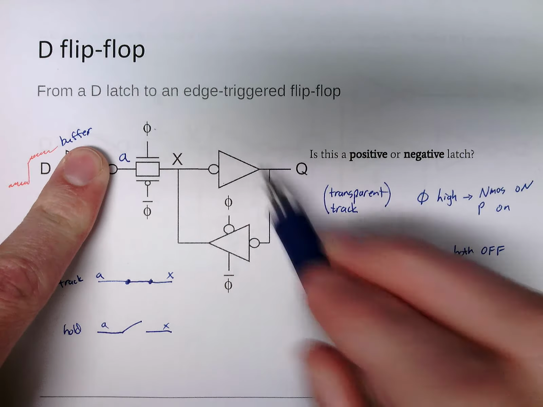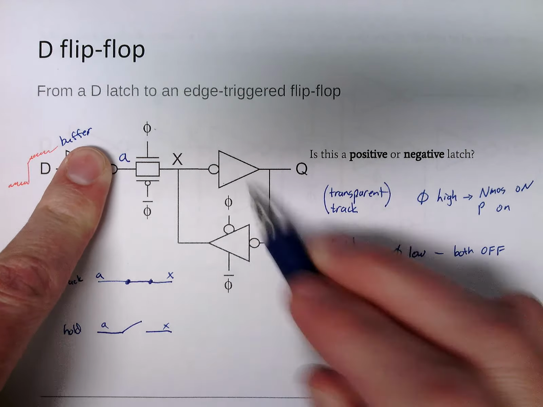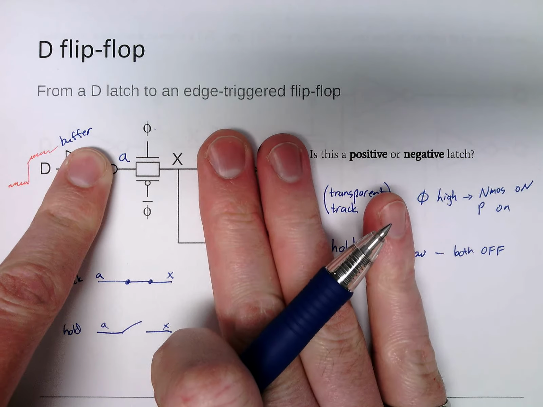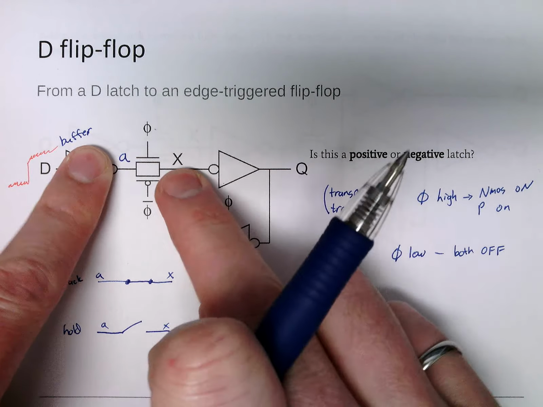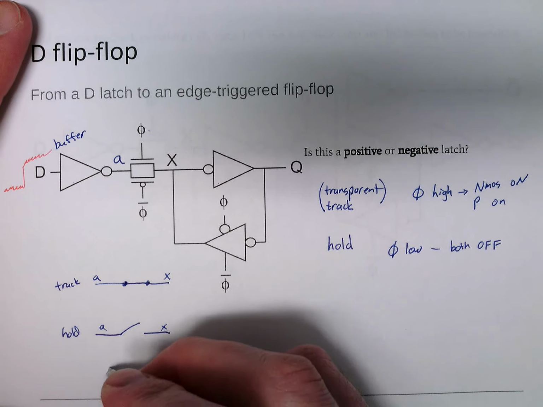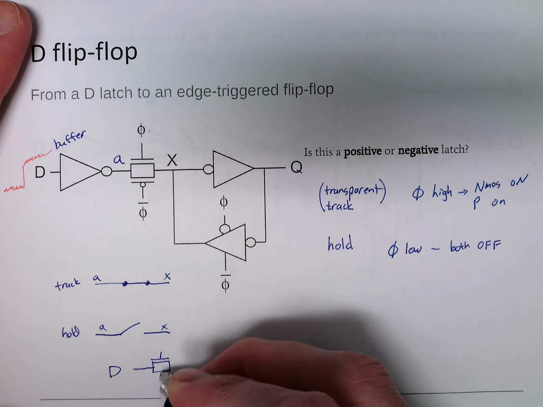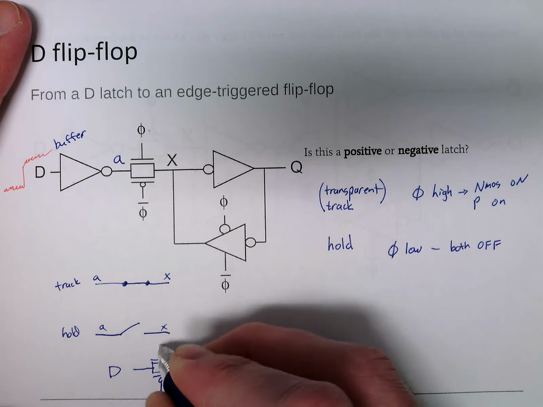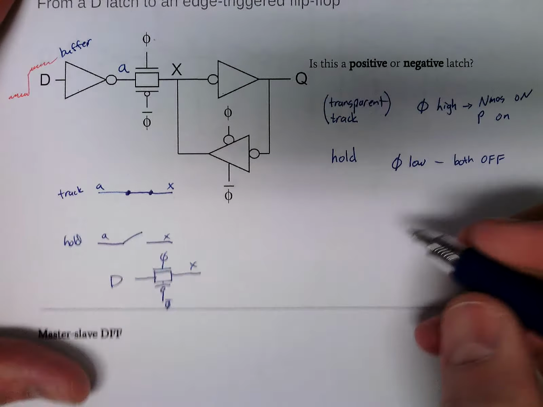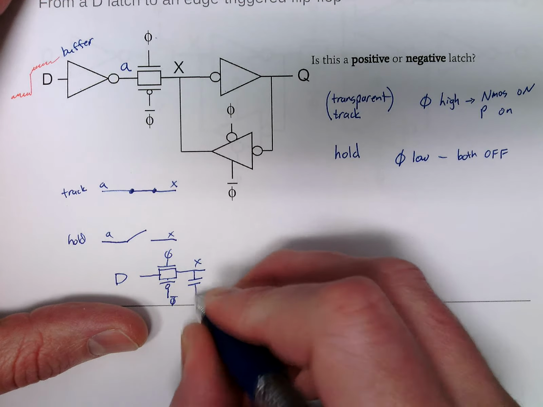This is a cross-coupled pair, or positive feedback. This is what holds node X. We could take these out and then rely only on the charge of this capacitor. So we could take this whole circuit and turn it into D, our transmission gate, phi and phi bar, have node X, and here at node X we have an implied capacitor.